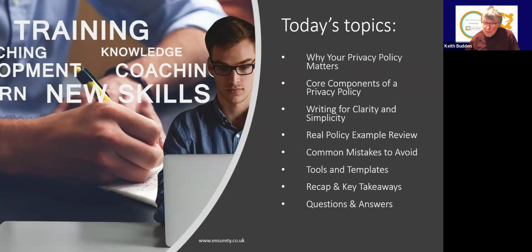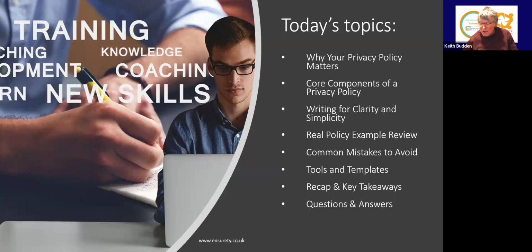Because when people know, like, and trust you, then hopefully that means that people go on and do business with you. So we're going to cover today why your privacy policy matters, core components of a privacy policy, writing for clarity and simplicity. We're going to review a real policy example, and I picked two to show you. One is the BBC website, which, as you might expect, given its status, has an absolutely excellent privacy policy.